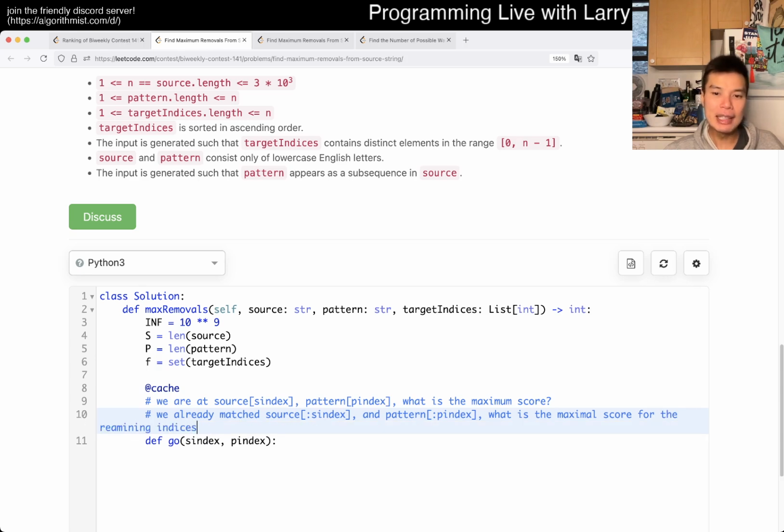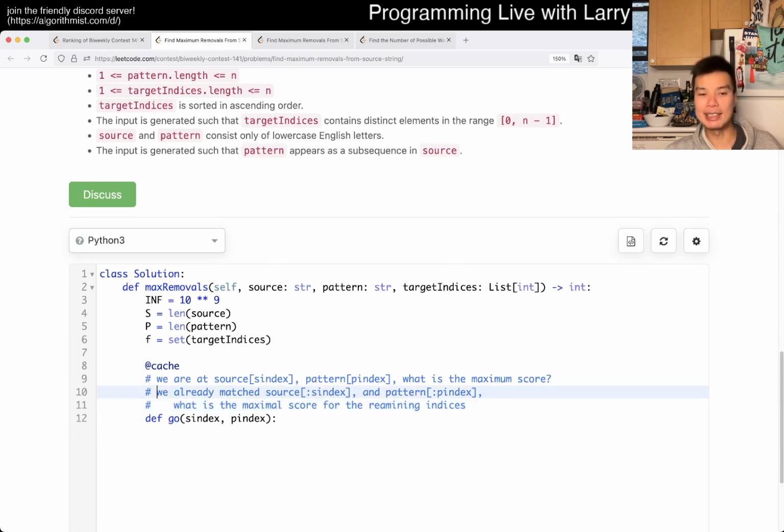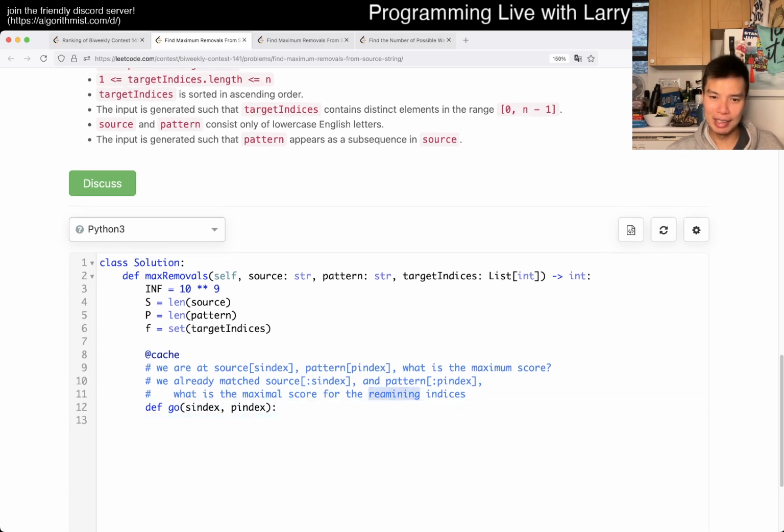I think this is a little bit more precise in that it tells you the precondition of this function, which is that the prefixes are already matched up, right? So given this, now we can think about the base cases, which is that if the pattern is equal to P, that means that all the patterns are matched.